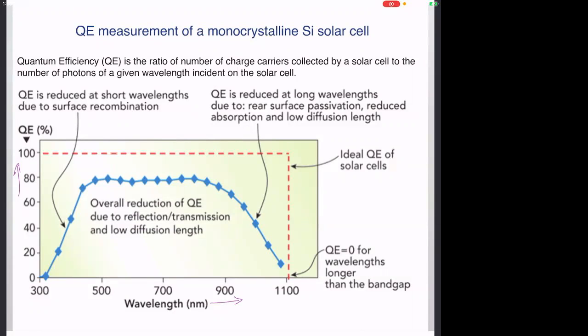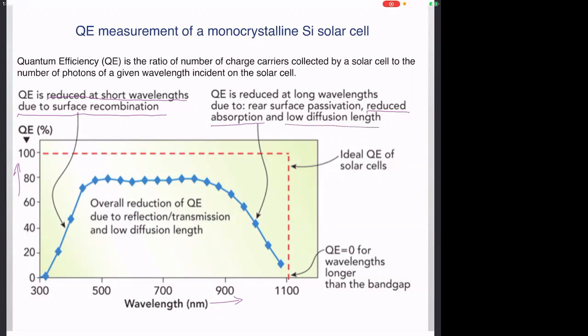So at very short wavelengths, the quantum efficiency is reduced due to surface recombination, which are basically defects at the surfaces of solar cells. Those will trap the electrons, very similar to the lattice defects that I talked about before. At very long wavelengths, you have other problems, things like reduced absorption, which we've talked about quite a bit.